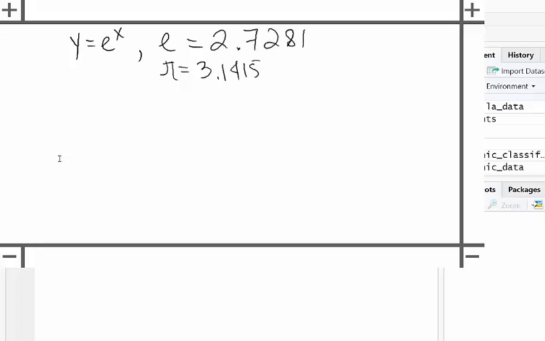2.7281, if I remember correctly, and then there's a lot of different numbers, and they don't repeat themselves. That's one of the properties of irrational numbers. Funny fact, by the way, if you ask mathematicians, not related to data analytics at all.